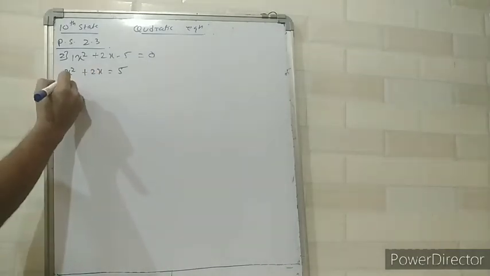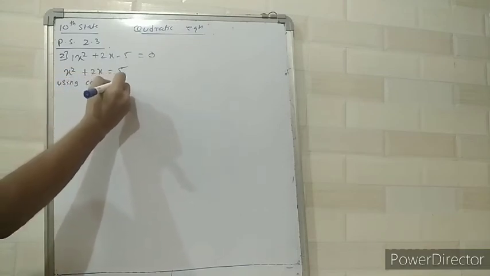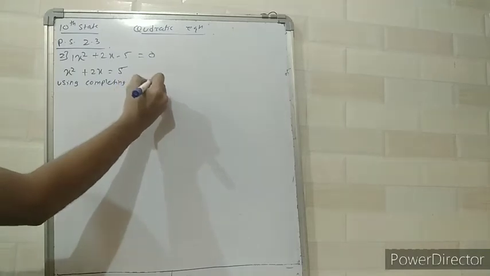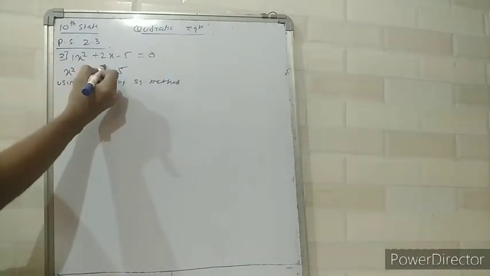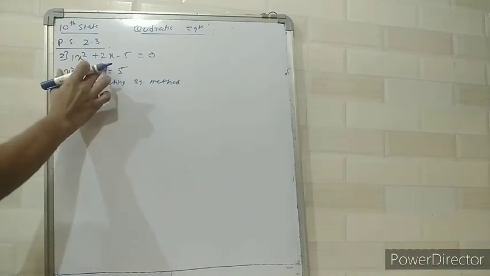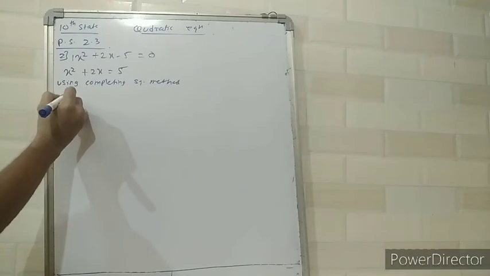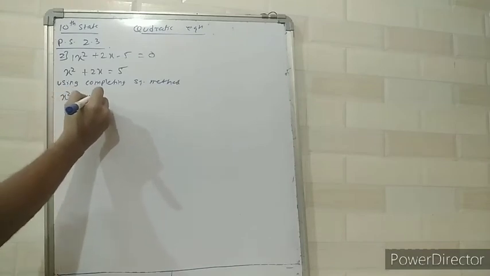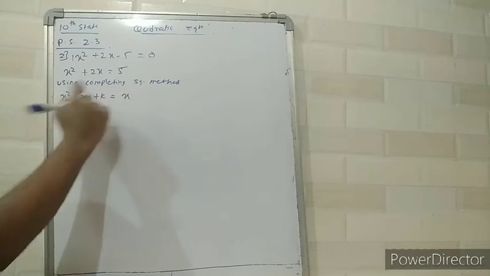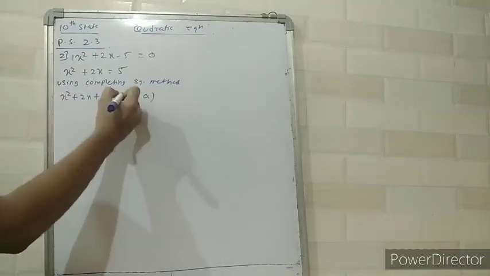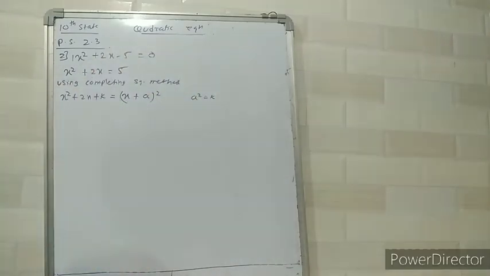Now using the completing square method, what we need to do is, what should we add over here so that I can get a perfect square. For that I am using the completing square method. So x square plus 2x plus k, as a perfect square, can be written as x plus a the whole square, where a square is equal to k.